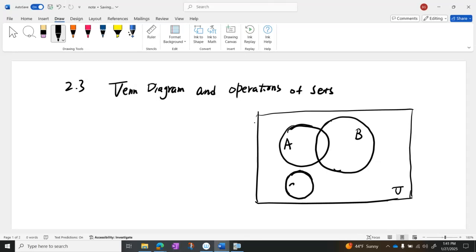Let's say this one represents set C. And we can study the relationship between those sets in the box. Let me give you the basics about this section.